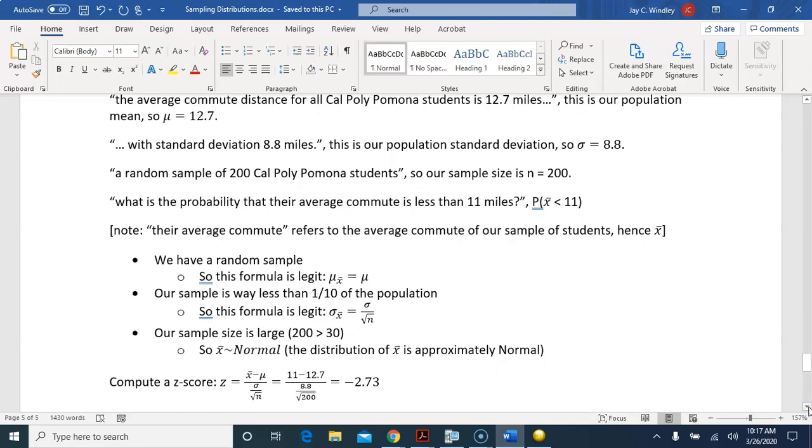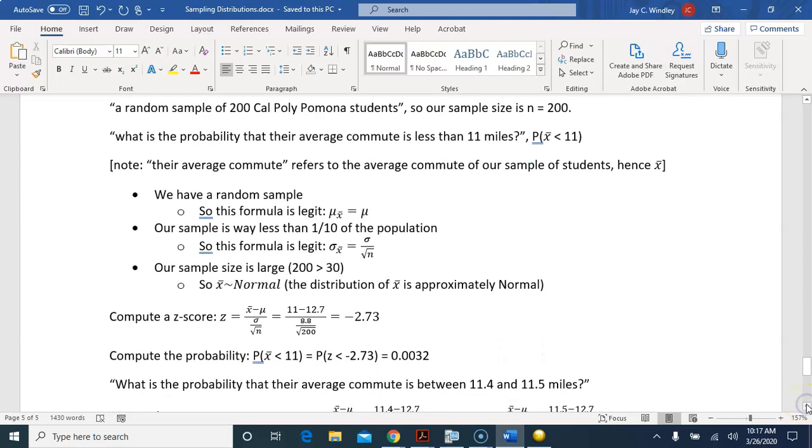The sample is way less than 1/10 of the population. Our sample is 200 and there are 25,000 Cal Poly Pomona students. So the standard deviation of the x bars is the standard deviation of the population divided by radical n. And since our sample size is large, greater than 30, the x bars follow a normal distribution, or are approximately normal.